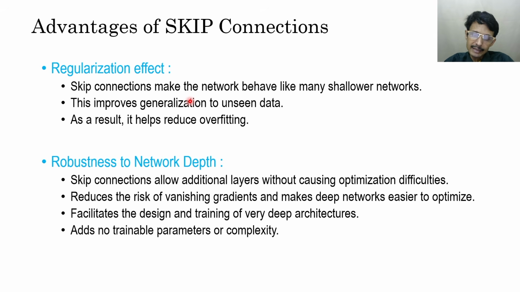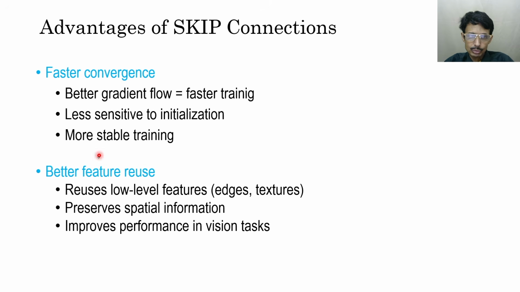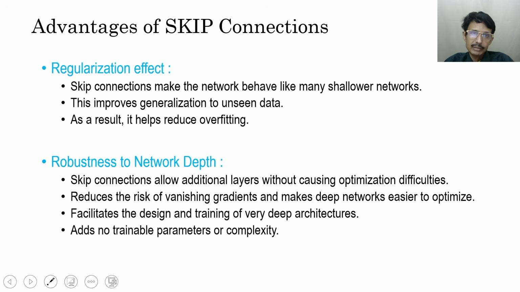If we solve the convergence issues, feature reusability issues, regularization issues and vanishing gradient issues, then deeper networks can become more and more powerful, because these problems make deeper networks not that effective. But if we solve these problems by skip connection, they become more and more efficient.